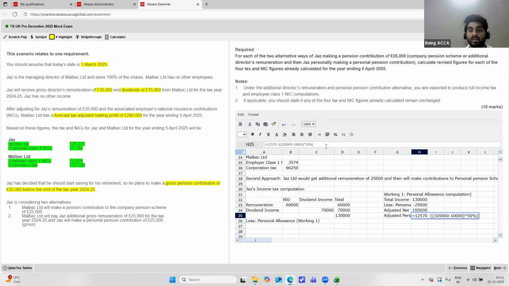All right. By doing this calculation, you will get the reduction, which is equal to 105,000 minus 100,000 times 50%.